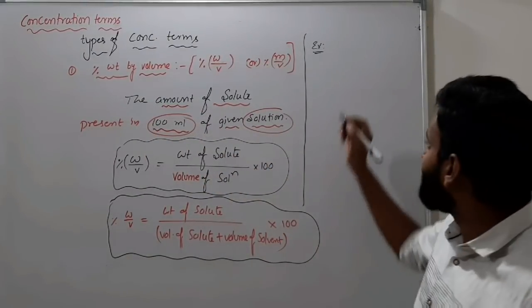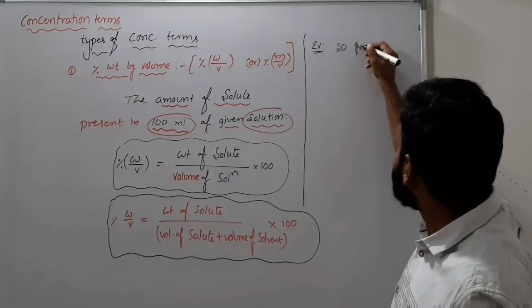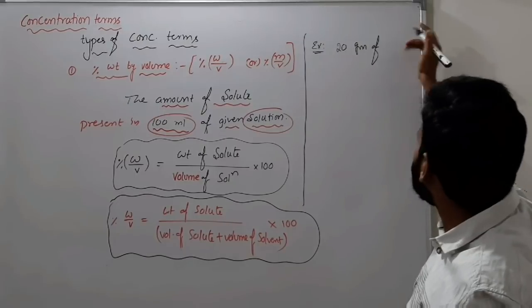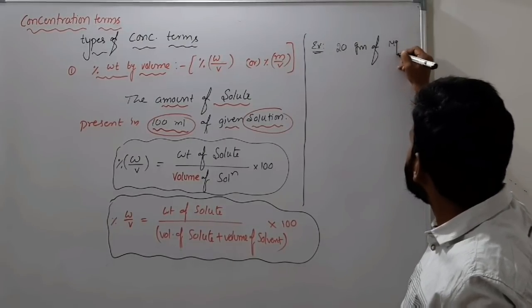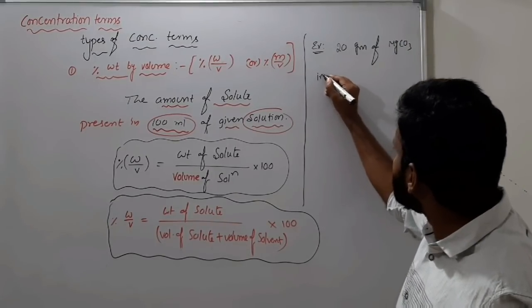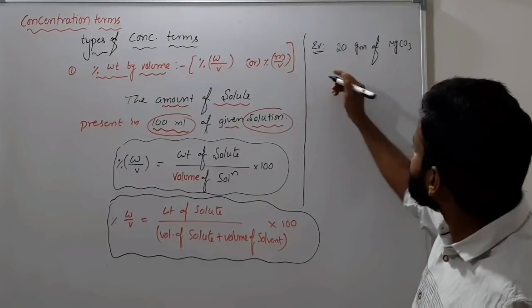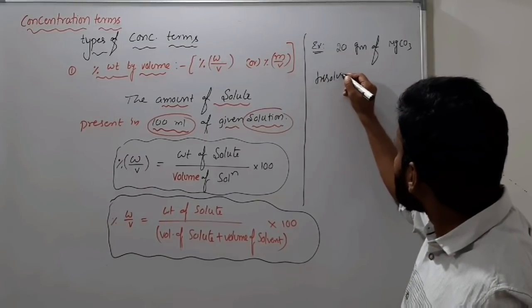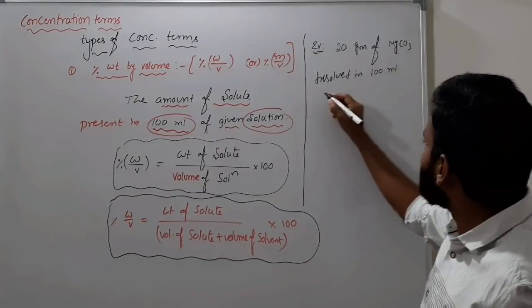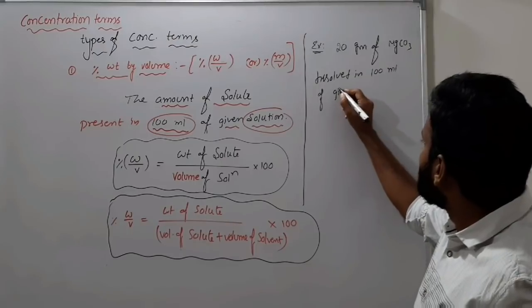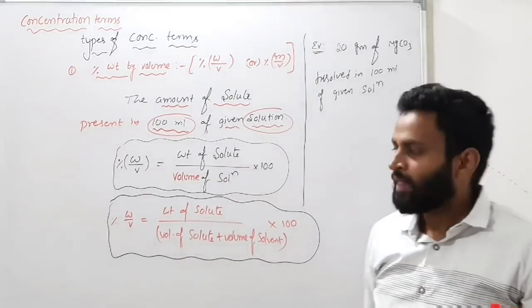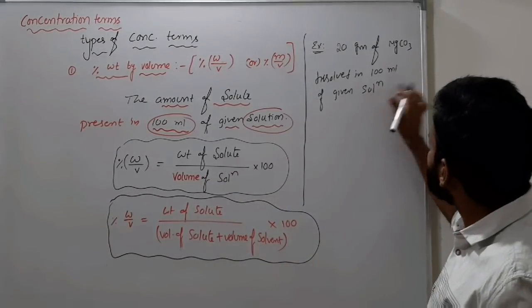Here I write some 20 grams of a particular compound like MgCO3, magnesium carbonate. 20 grams of MgCO3 dissolved in 100 ml of given solution.